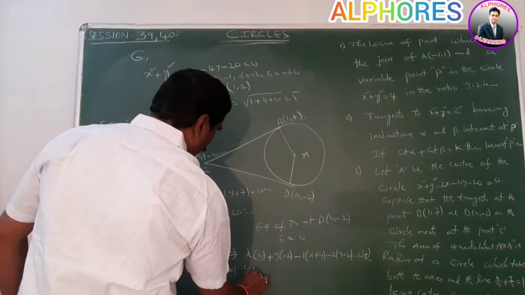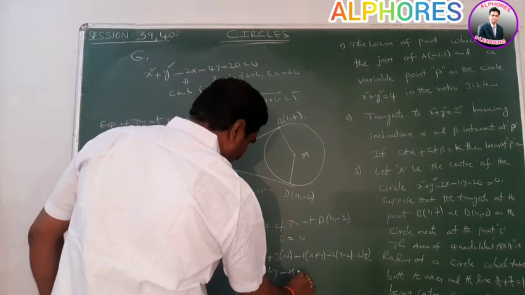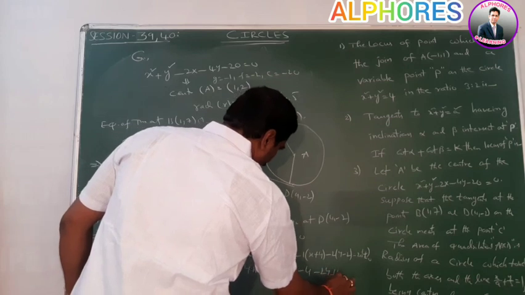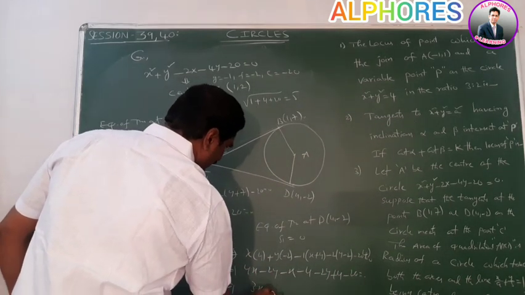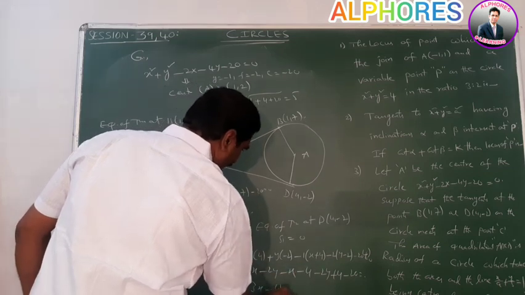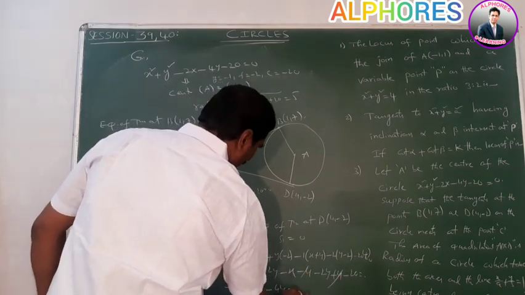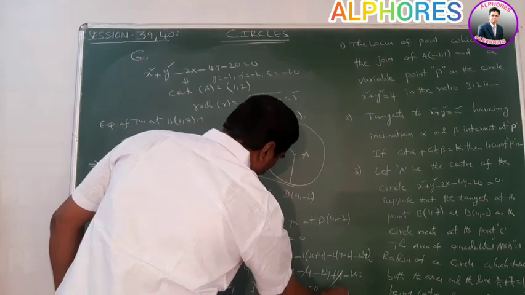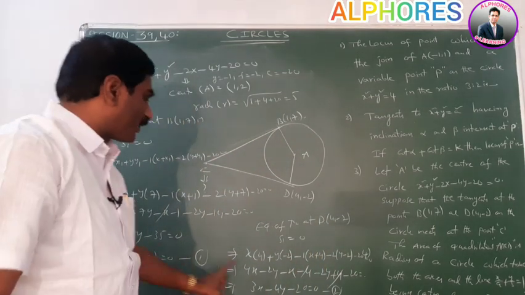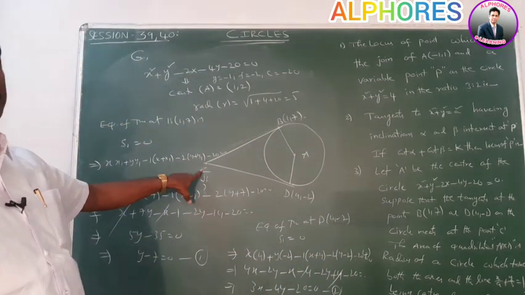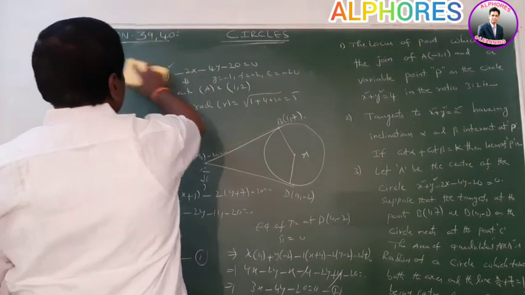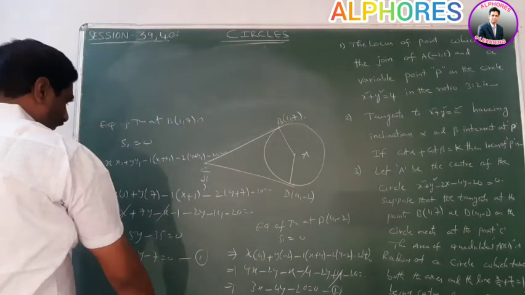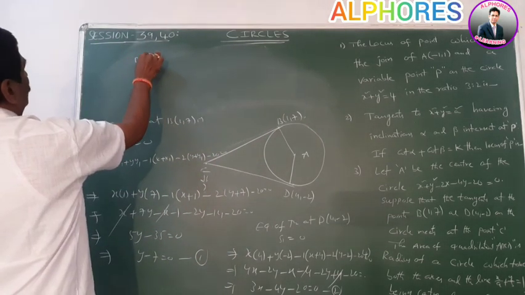That implies 4x minus 2y minus x minus 4 minus 2y plus 4 minus 20 is equal to 0. 4x minus x means 3x, minus 2y minus 2y means minus 4y, minus 4 plus 4 cancel, minus 20 is equal to 0. It is equation number 2. By solving 1 and 2, we get the point C.